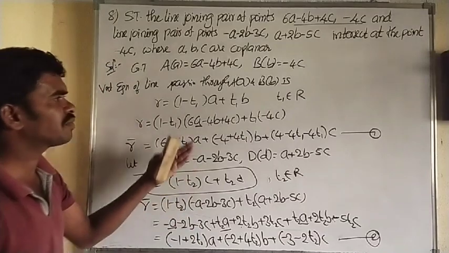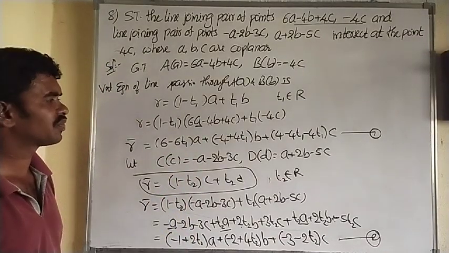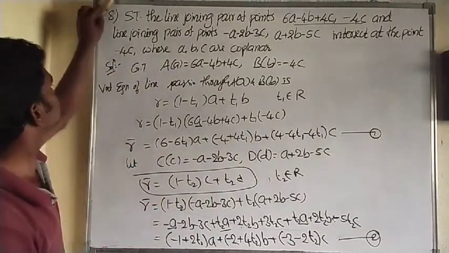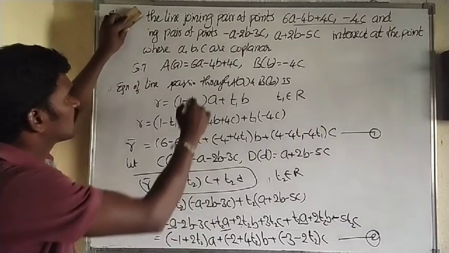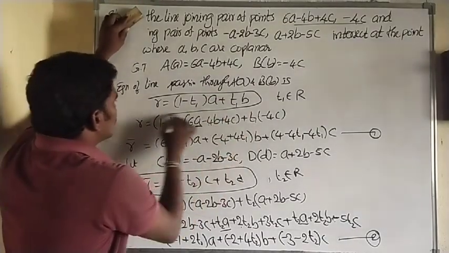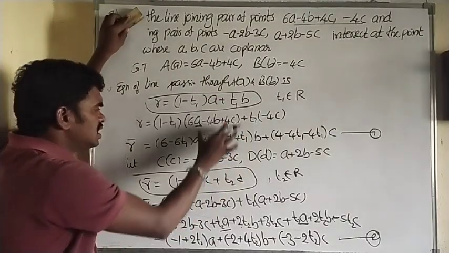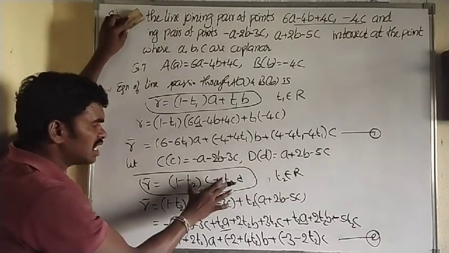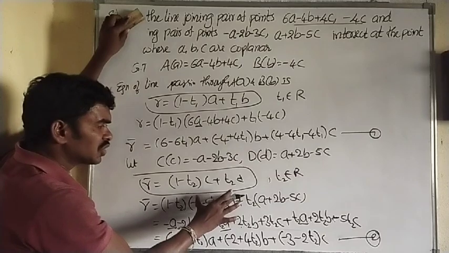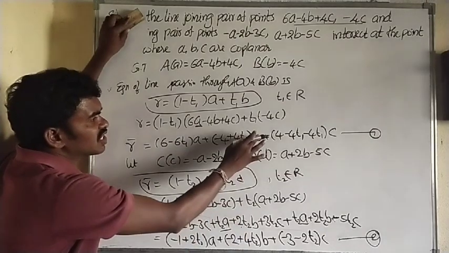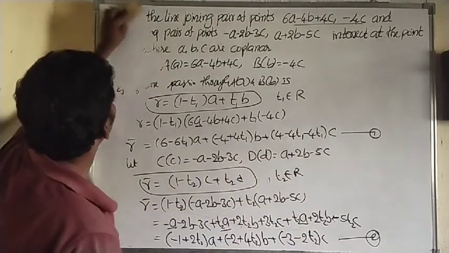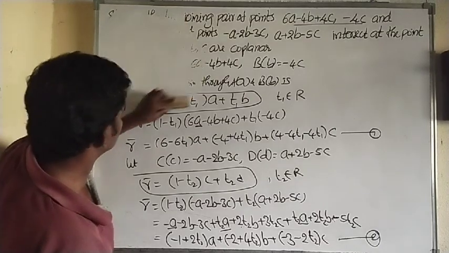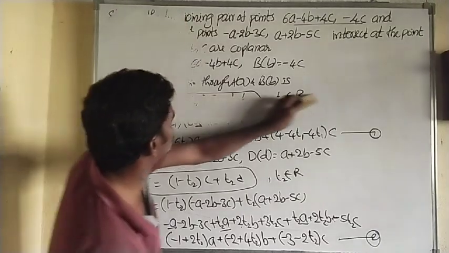So now we have to compare this 1 and 2. Is it clear? Okay. So first write the line equation passing through 2 points and simplify, and similarly write the second line equation using 2 points and simplify. We get equation 1 and equation 2. Now we are going to simplify equation 1 and equation 2.